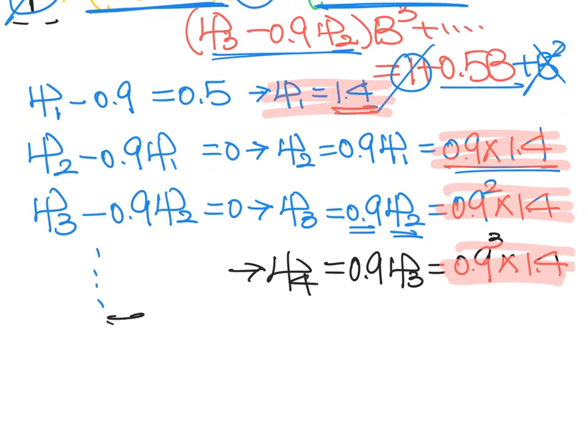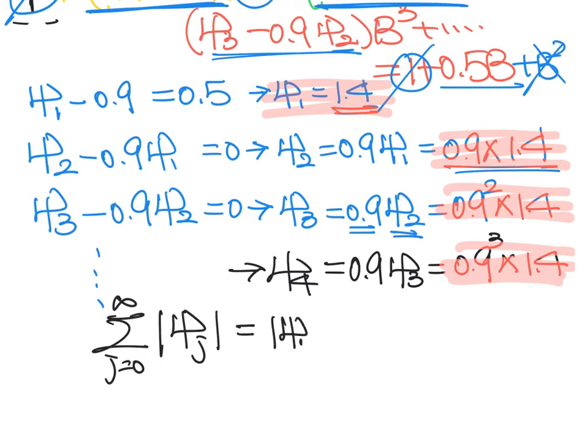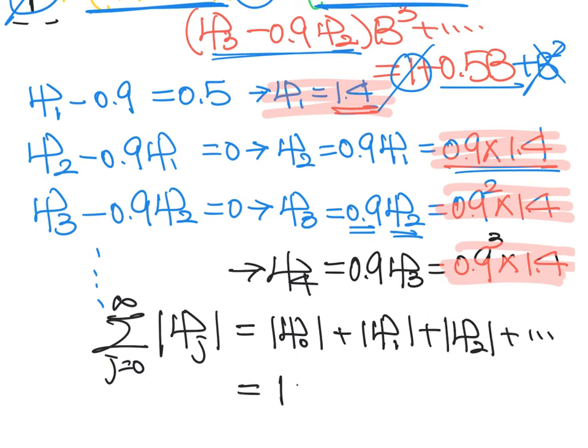We need the infinite summation of the absolute value of the phi's from 0. Remember, from 0. As it must be the absolute value of phi 0, absolute value of phi 1, and the absolute value of phi 2. So it will be 1 plus 1.4 plus 0.9 times 1.4, and it's going.